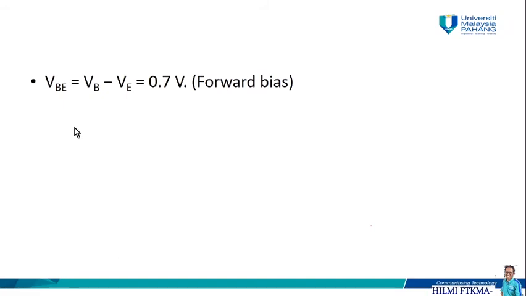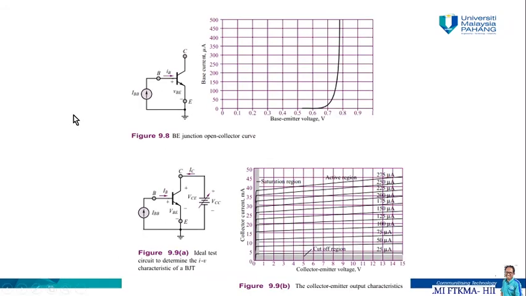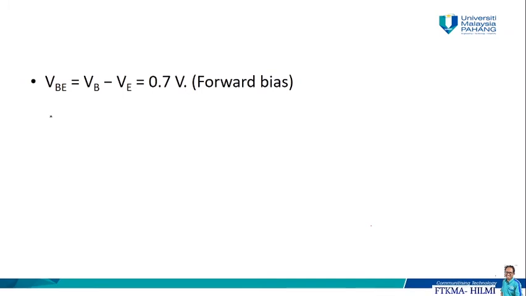And then we need to calculate the current IB at the base, where we can use Ohm's law, I equal to V over R. We need to find the V by having VBB minus VB over RB, and we should get 4 minus 2 over 40,000.